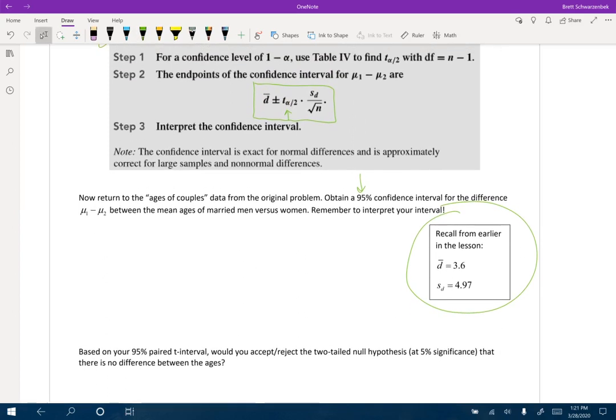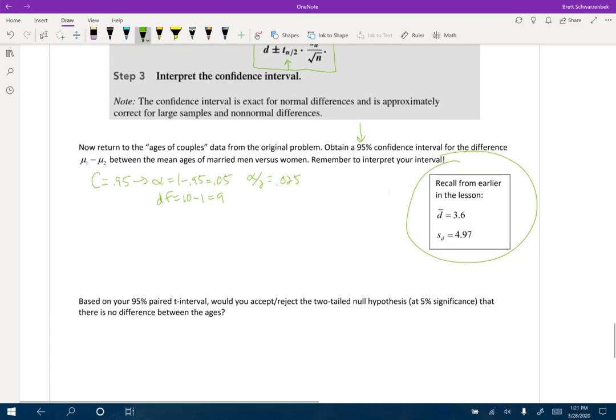Well, again, our confidence is 95%, which means our alpha is equal to 1 minus 0.95, or 0.05, which means our alpha over 2 is 0.025. Our degrees of freedom is equal to 10 minus 1, which is equal to 9.